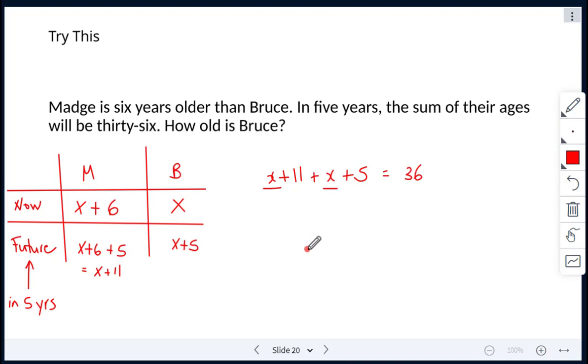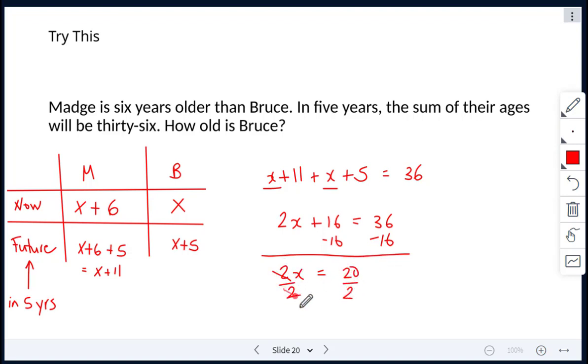So that gives me 2x plus 16 equals 36. Subtract 16 on both sides. And then divide by 2. So we get x equals 10.